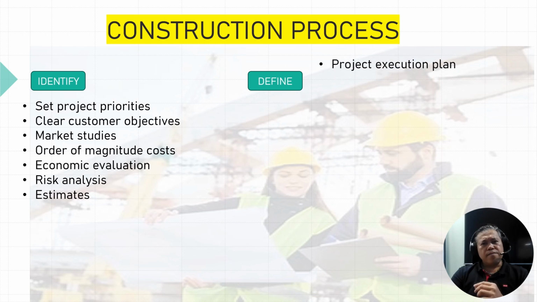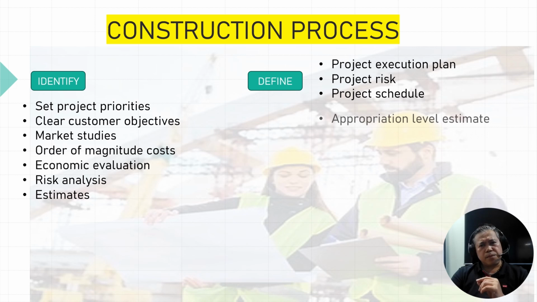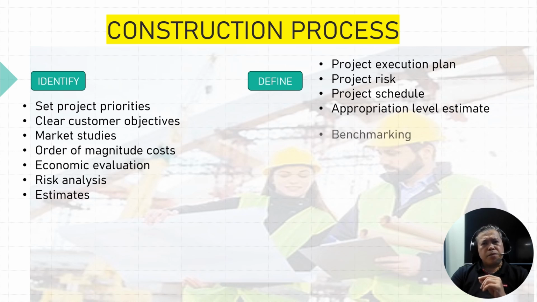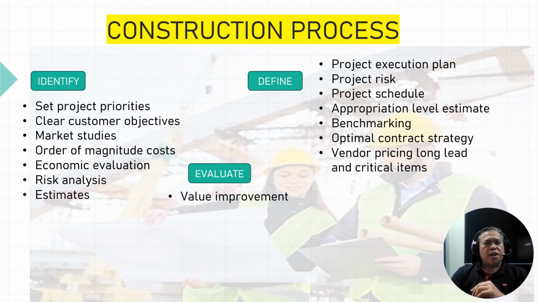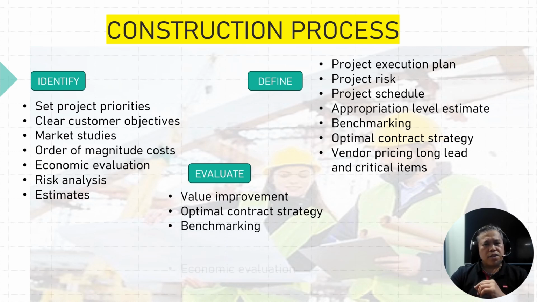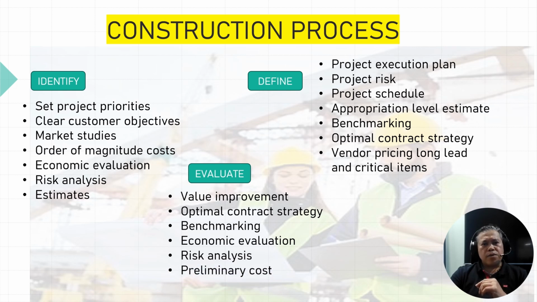And then define: project execution plan, project risk, project schedule, appropriation level estimate, benchmarking, optimal contract strategy, and vendor pricing, lead, and critical items. And now we have evaluate: value improvement, optimal contract strategy, benchmarking, economic evaluation, and risk analysis. Of course, we have preliminary cost.